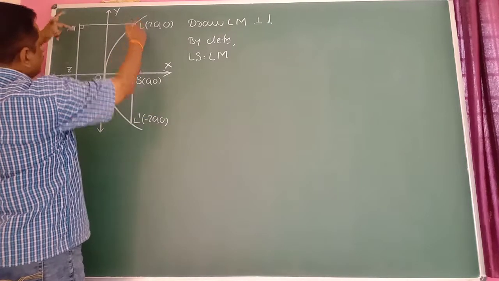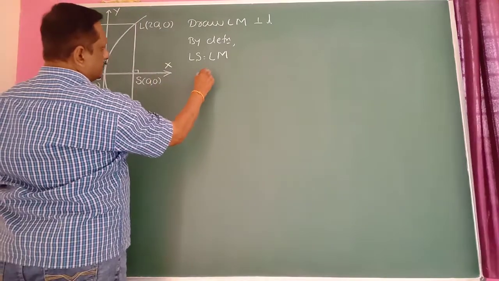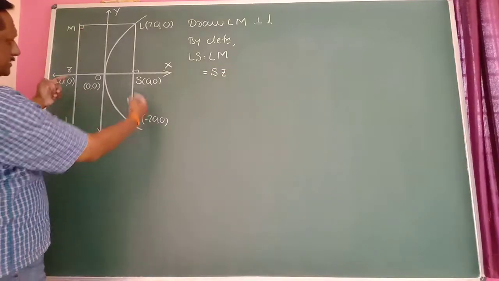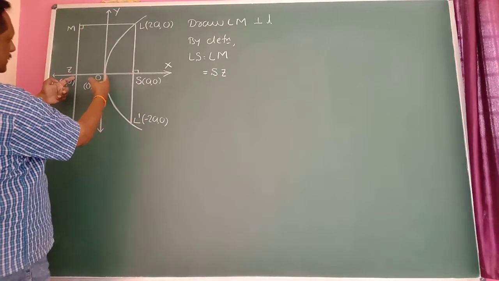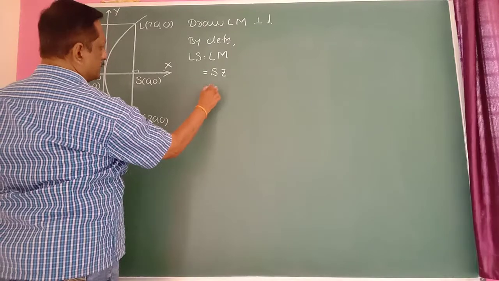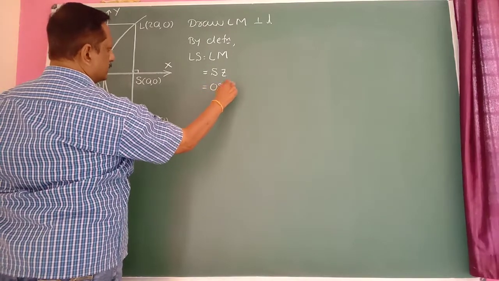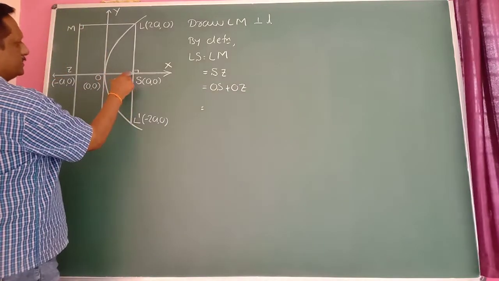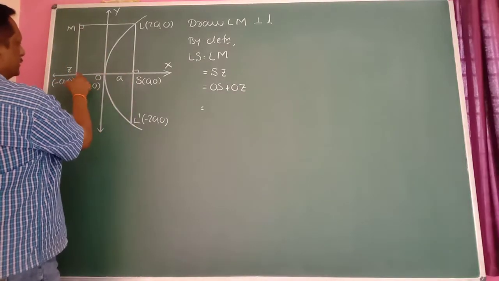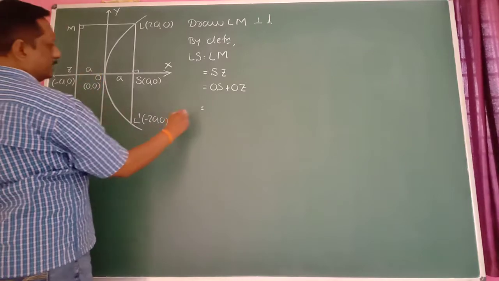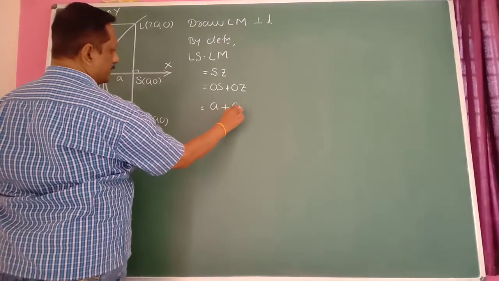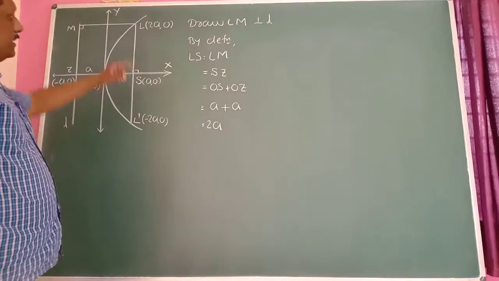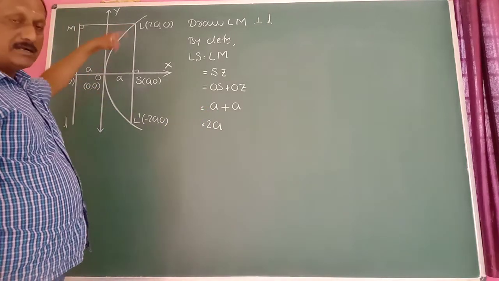LM can be written as SZ, and SZ can be written as OS plus OZ. You know OS, this distance, is a units, and OZ, this distance, is also a units. So a plus a becomes 2a.